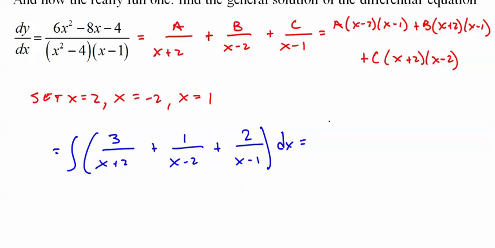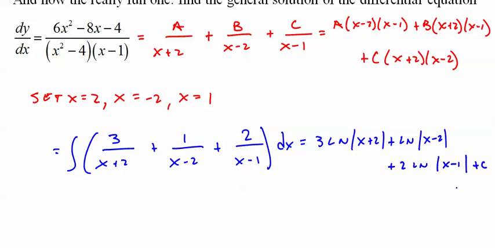So we get 3 natural log of x plus 2 plus natural log of x minus 2 plus 2 natural log of x minus 1 plus c.